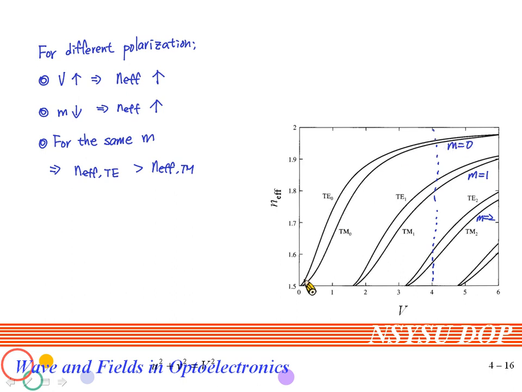From this curve, you can see for the same normalized frequency and the same mode order, the TE mode is larger than the TM mode.